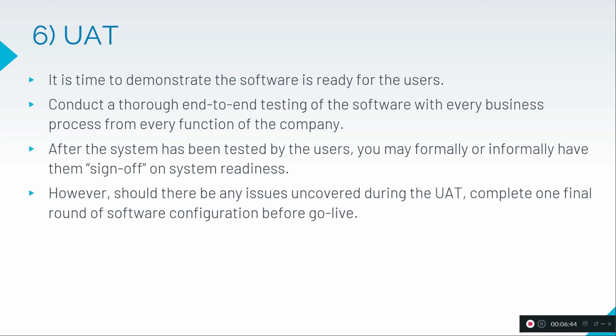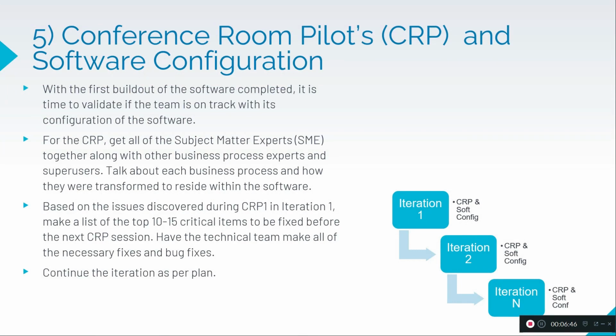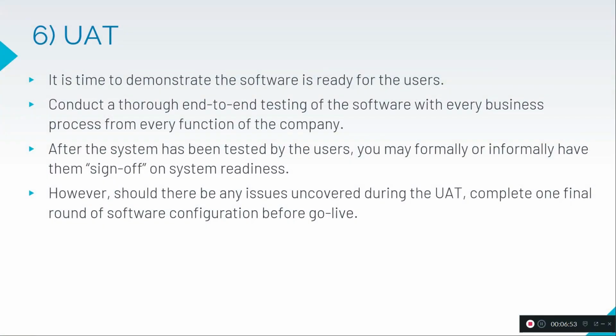In the previous slide, we have seen that we are planning to run iteration n. So we will run another iteration, n plus 1, to make sure we are completing all the software configuration before go live. The critical point is we are making the client or customer change from the existing system to the new system.